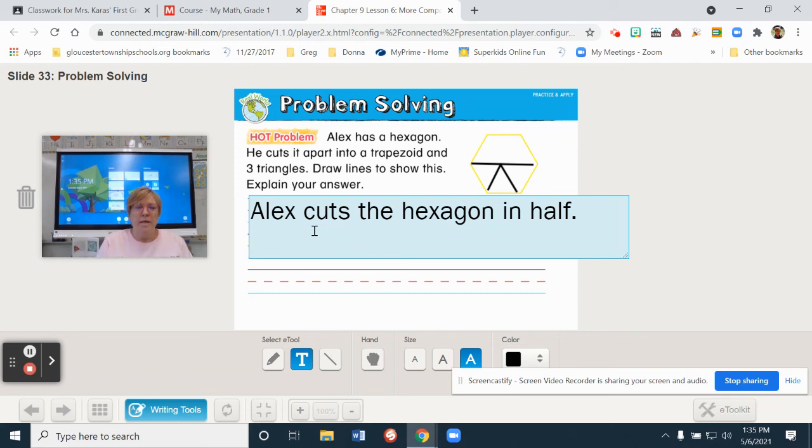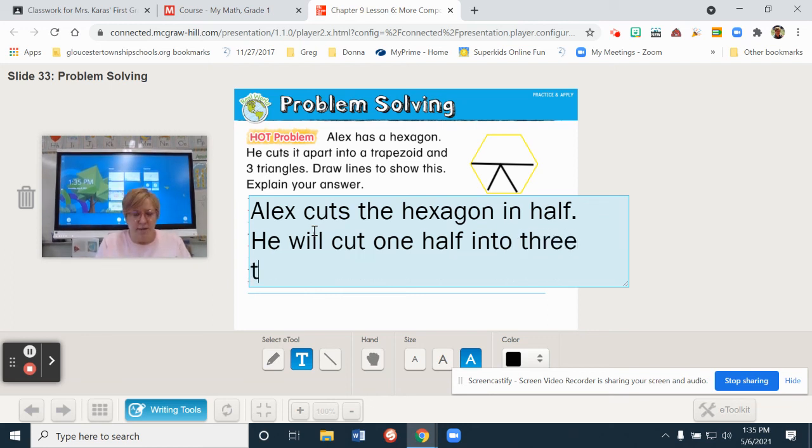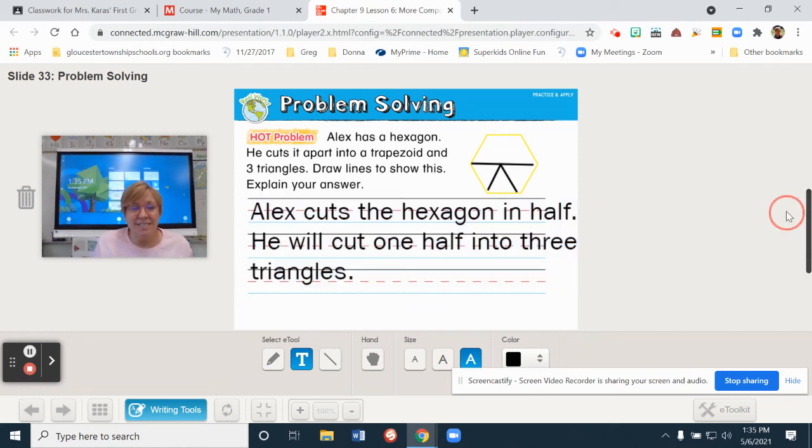Okay, he will cut half into 3 triangles. Okay, and that is how he gets his trapezoid and 3 triangles.